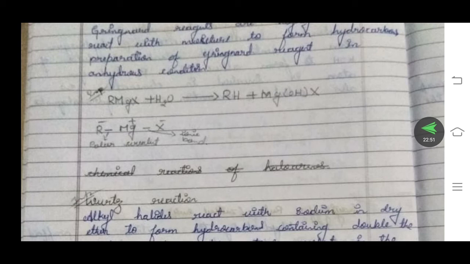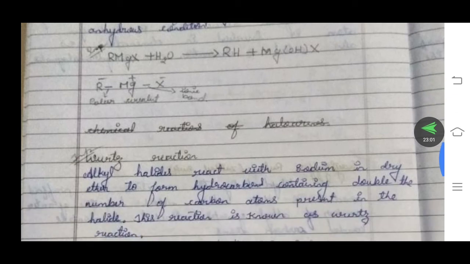Between Mg and X is an ionic bond, which is a strong bond. Ionic bond is stronger compared to covalent bond. So when RMgX decomposes, it gives out R, not X, you have to remember. The R-Mg bond is easy to break, so that time it gives out R.